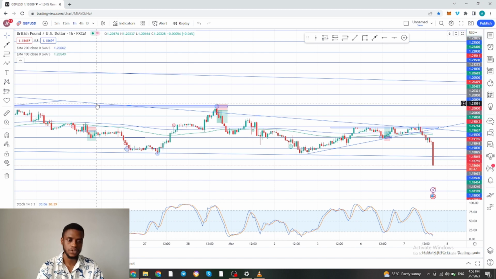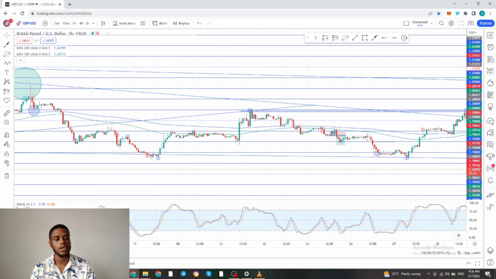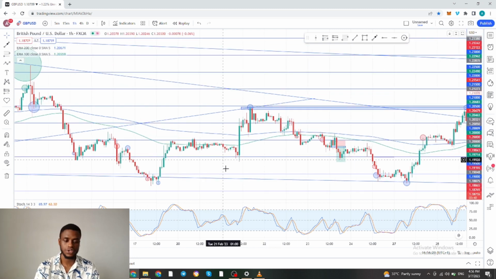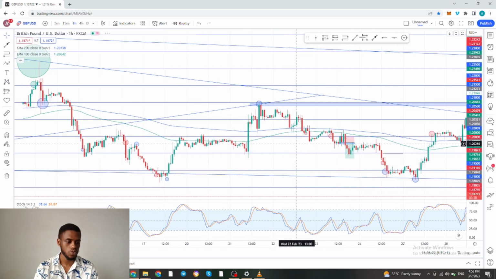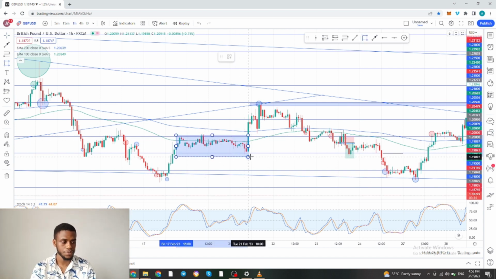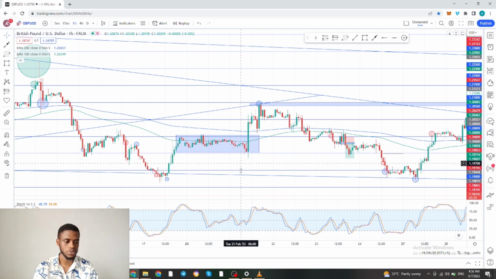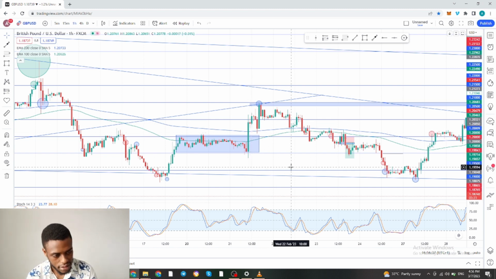So let's go down to the 1 hour. That's what I do. From the 4 hour, I go down to the 1 hour to see what the current trend is. I see that price actually has been choppy. It was consolidating. Then price gave this huge candle, this huge imbalance.